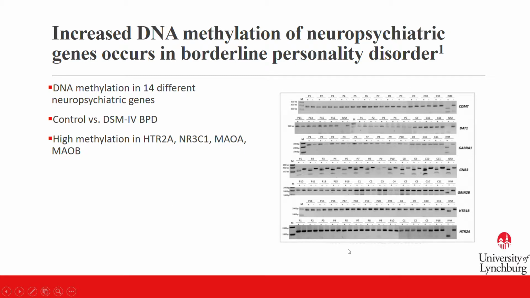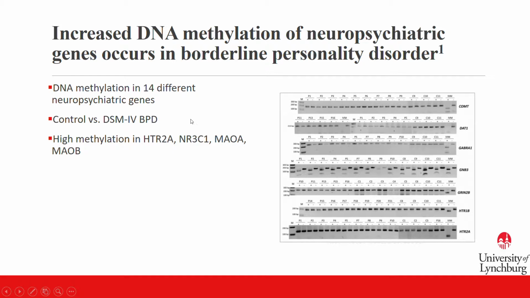As you can see in this figure here, which is the main reason why I filmed it like this, so you can really look at these figures. There's high methylation, shown by the dark spots, in P through 10, which are the patients with borderline personality disorder, more so than the control.